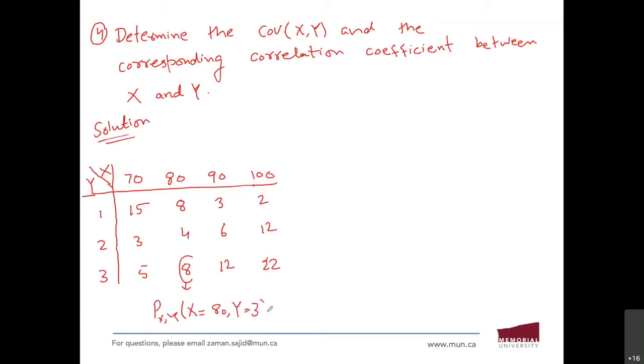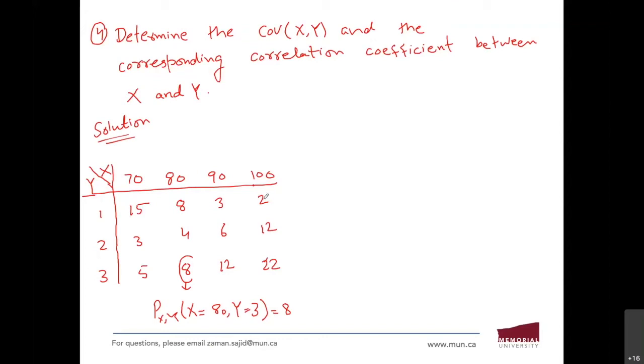So this value is 8, just for your reminder. Now how do we interpret this table? You can say that there are 15 drawings which took 70 hours to produce with a moderate quality. That's how we interpret this table.